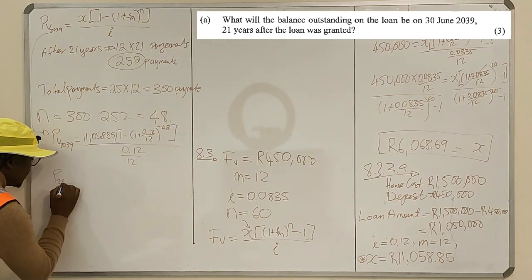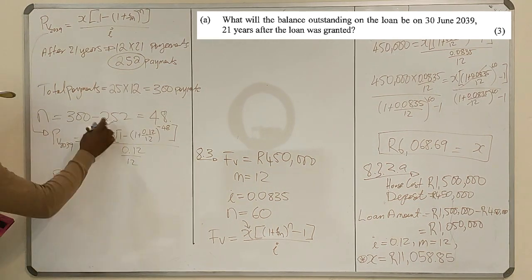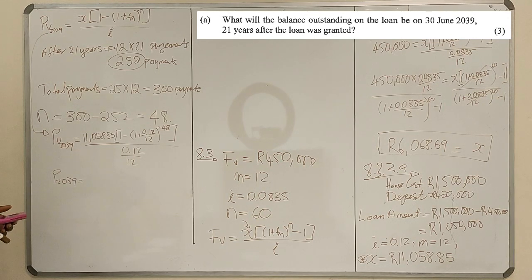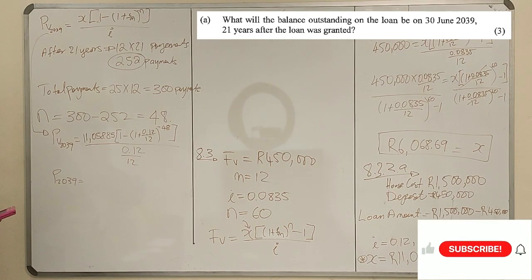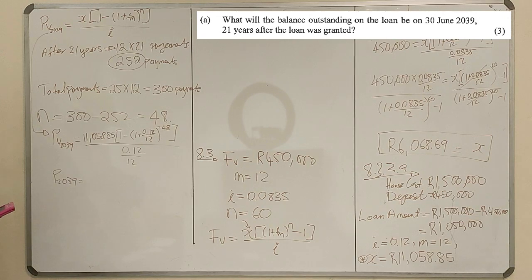So the present value in 2039 will be equal to whatever the amount this is. So you say 11,058.85 into 1 minus 1 plus 0.12 over 12, all this to the power negative 48, over 0.12 over 12.